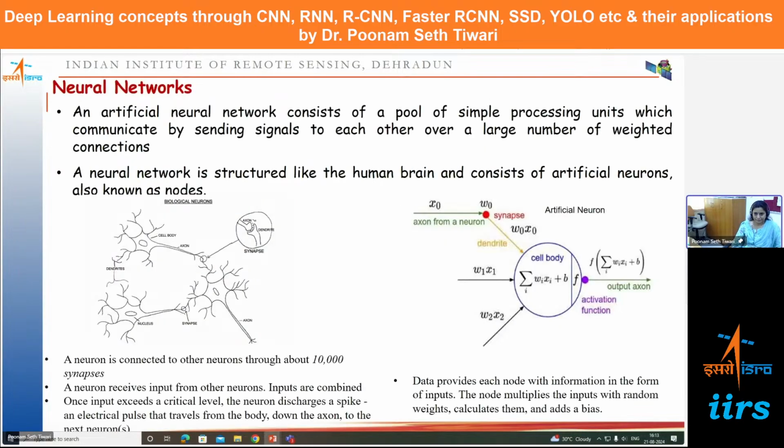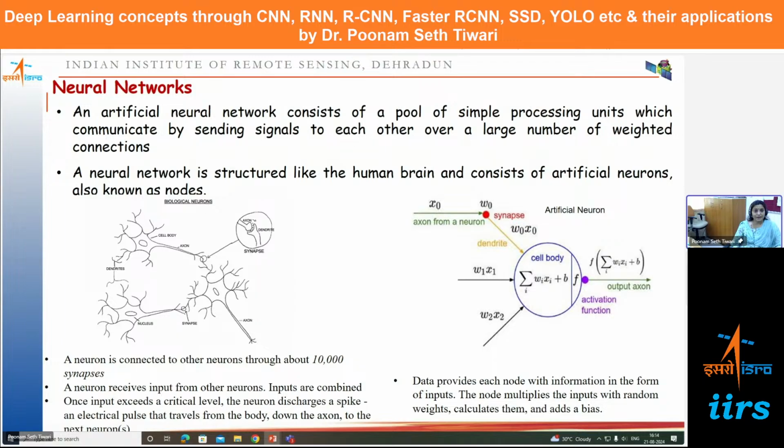Okay. Now, before going into the details of deep learning, these deep learning architectures will contain neural networks, fully connected neural layers. So, prior to going there, we should try to understand what is a neural network.